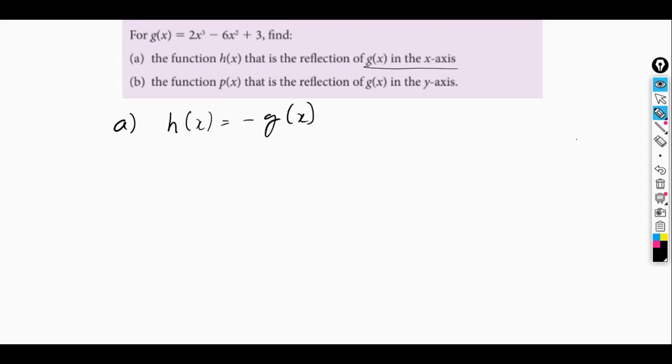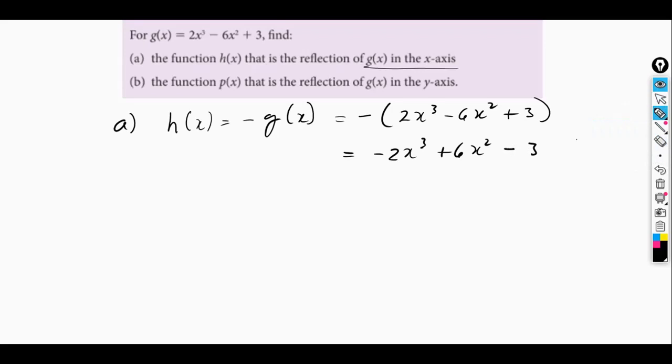This would be the reflection across the x-axis. So what we do is that we just put a negative sign in front of the function g of x. So that would be minus 2x cubed minus 6x squared plus 3, which is simply going to be minus 2x cubed plus 6x squared minus 3, I should say, sorry. Minus 3 here.